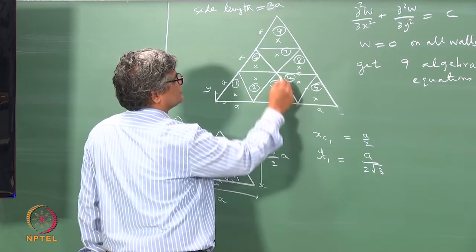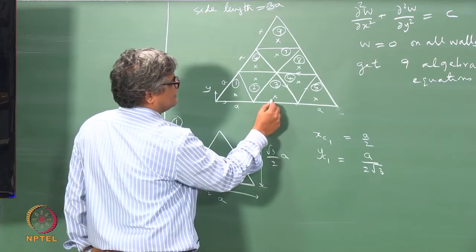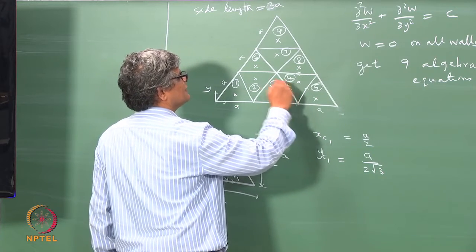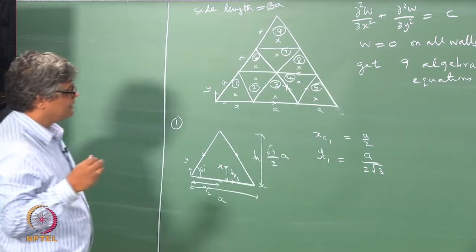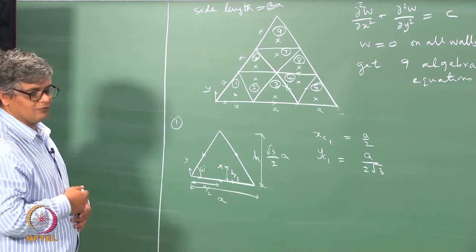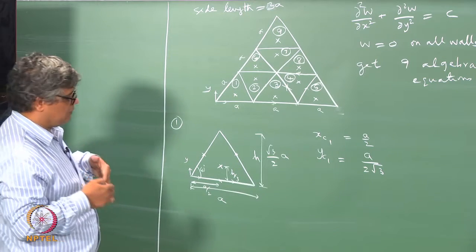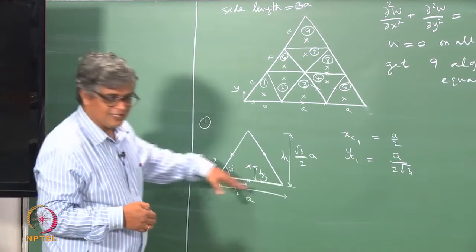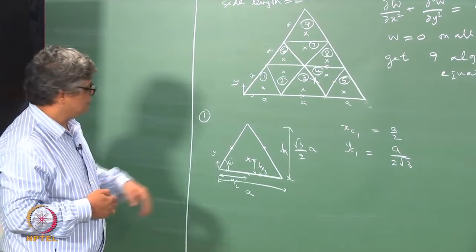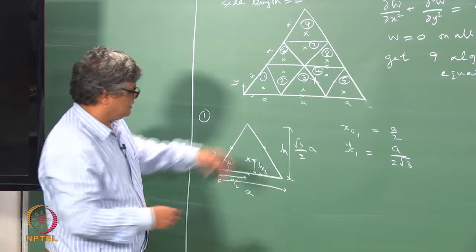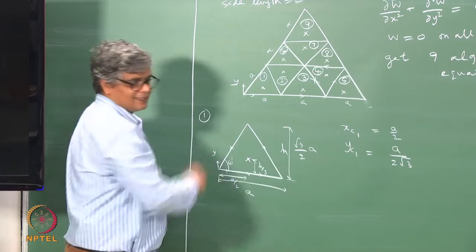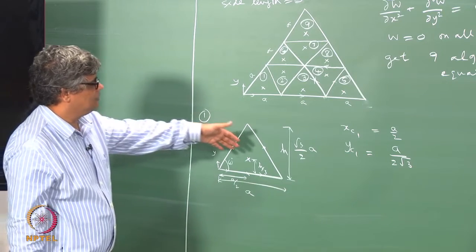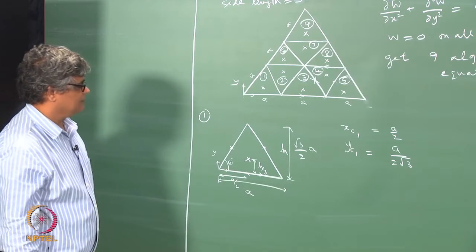And when you look at cell 3 here, this is side 1, this is side 2 and this is side 3. So, for each triangle, for the sake of convenience, we go in the counterclockwise direction, starting with the horizontal face as side 1, and then go to the next one and the next one like this. That allows us to fix the coordinate directions of the midpoints for each of the cells.